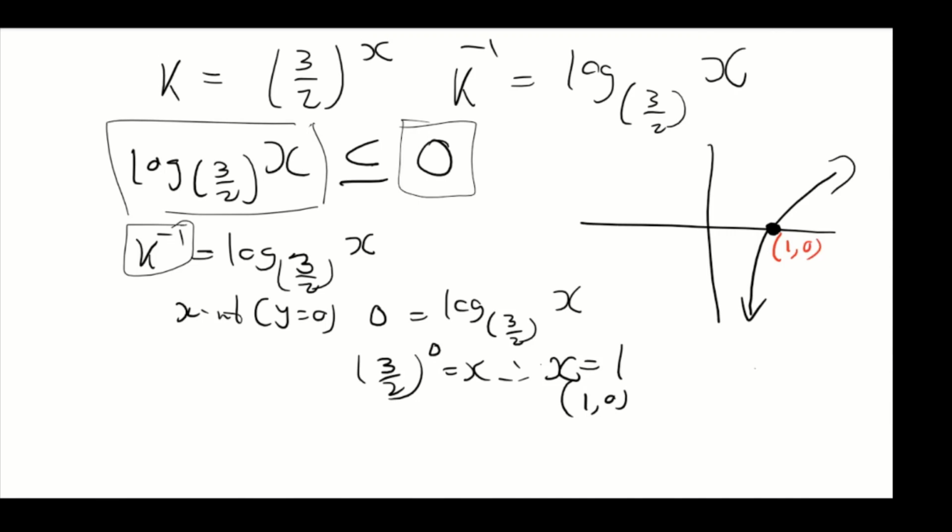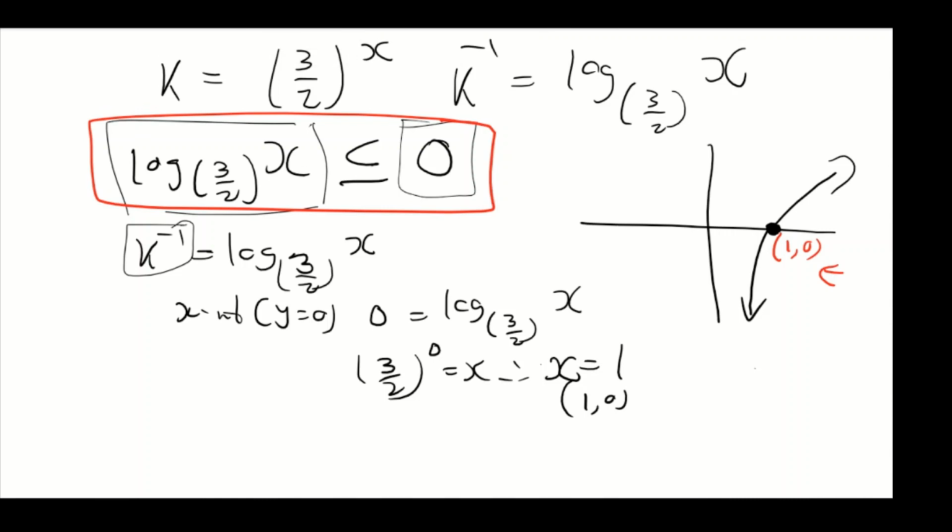So to go back and answer this question, what are the values of x when the function is less than or equal to 0? This is the point where the function is less than or equal to 0. It's this part here, so I'm just going to shade it.